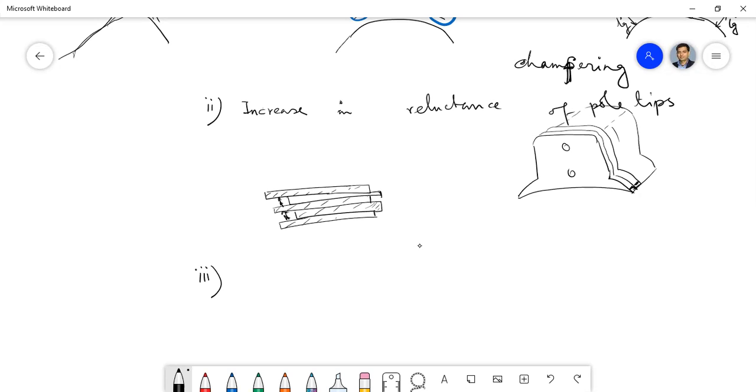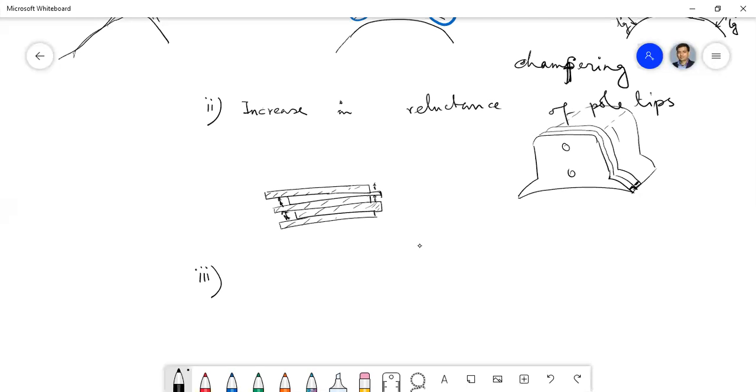If we can do this, then on this side also you will get more reluctance, this side also you will get more reluctance, not exactly omitting but shifting the laminations. This is a special type of construction, you can say.